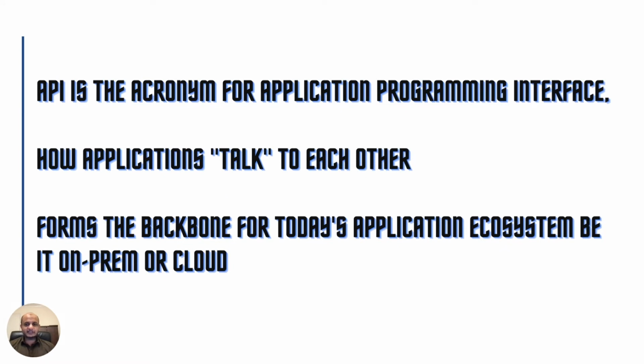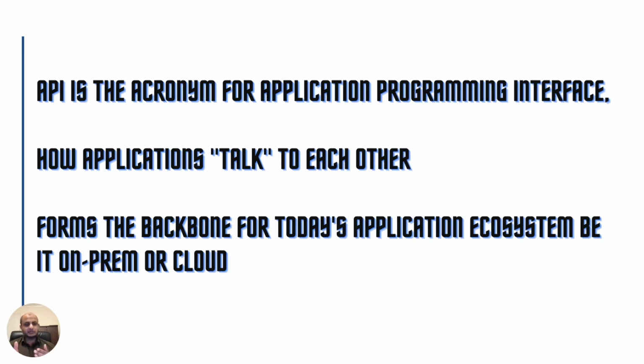What's the industry standard definition? It's the acronym for application programming interface. Basically, simple things, how applications or software talk to each other. It forms the backbone for today's application ecosystem. Whether it's your YouTube, social media, Facebook, your banking systems, internet banking, everything is running on API.